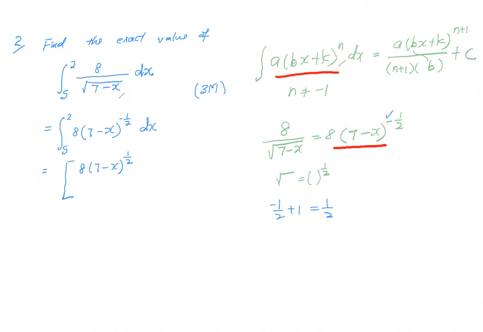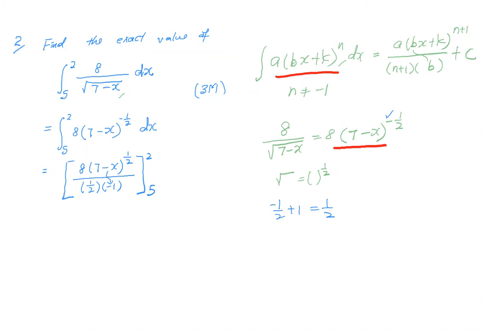Divided by two numbers. One is the new power. The other one is the coefficient of x. There is -1 here. Close bracket. 2 put on top, 5 put below.